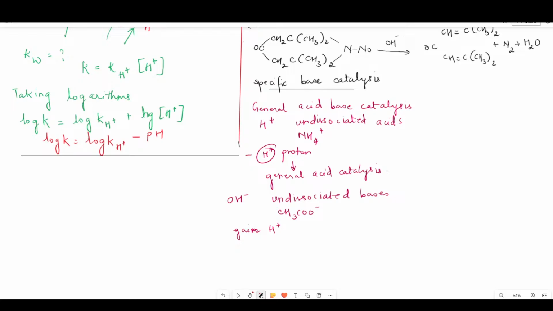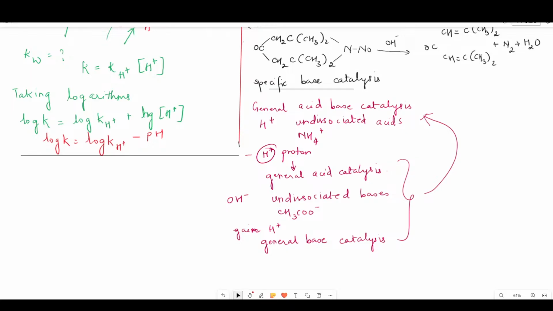And this type of catalysis is known as general base catalysis. So these observations led to the development of what is termed general acid-base catalysis.